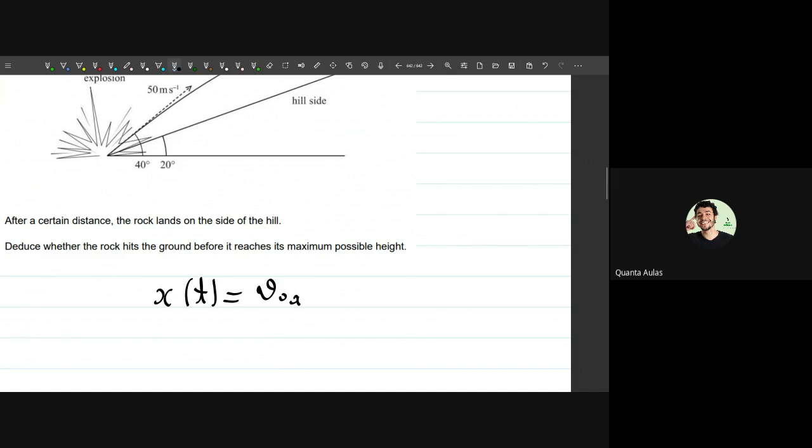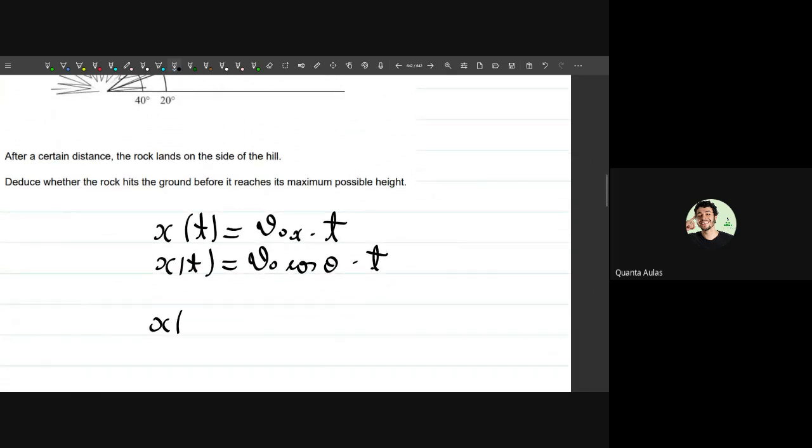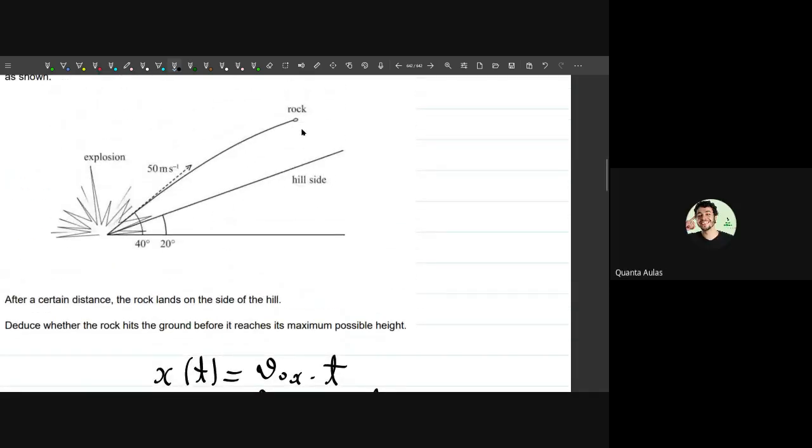Our velocity is v0 cosine, and in my calculation it will be 38.3 times t. This is for our X position. We are interested in position because we need to know the position where the rock lands.